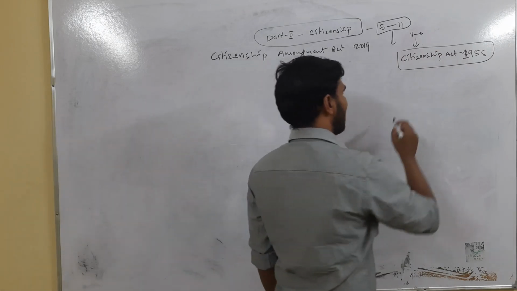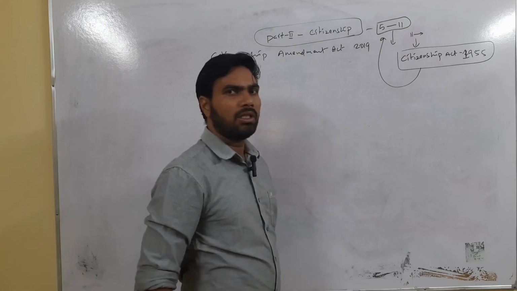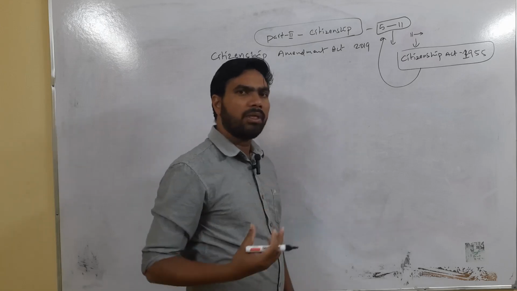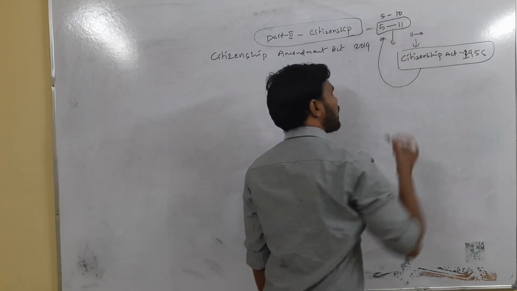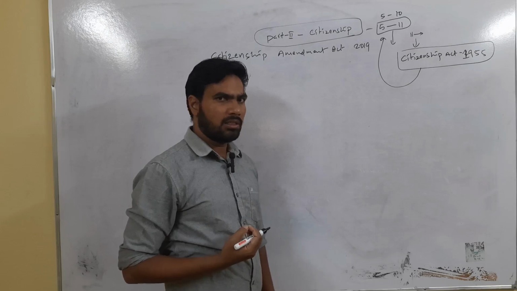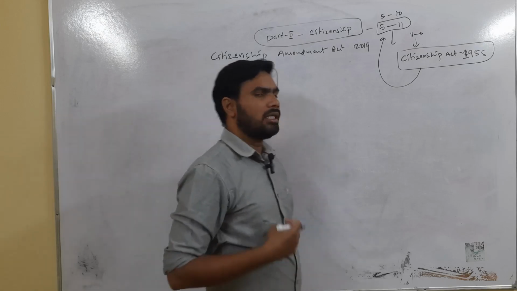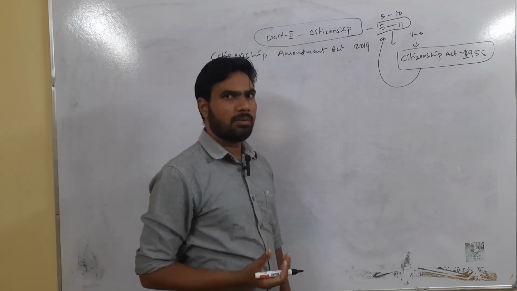The purpose of this act was to further clearly lay down the aspects already mentioned in Articles 5 to 10, like who is eligible for getting the citizenship of India, and then what are the ways people will forego the citizenship of India.